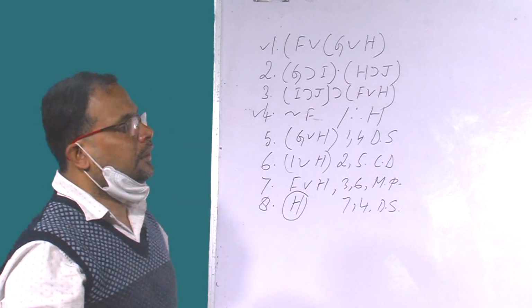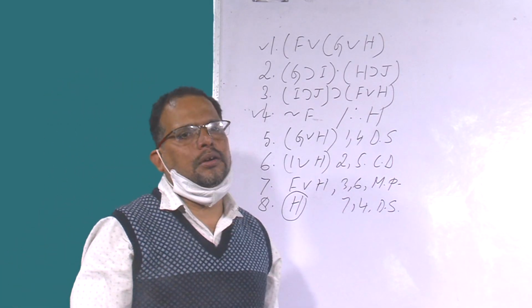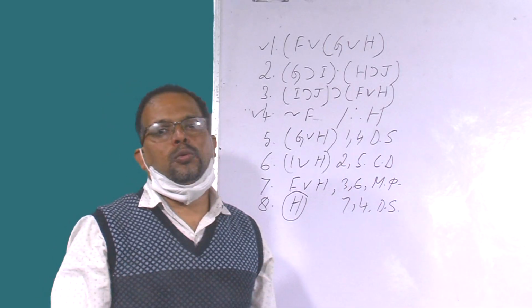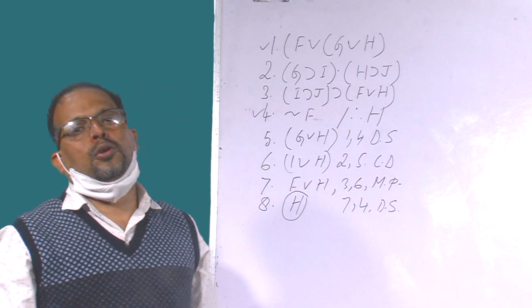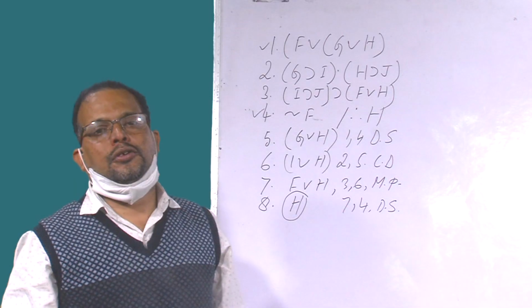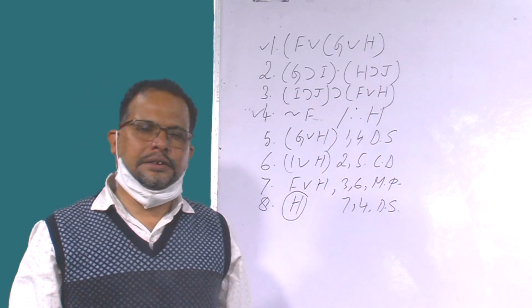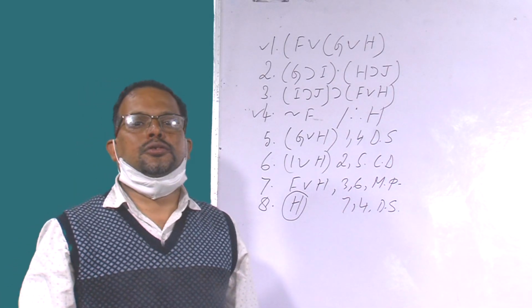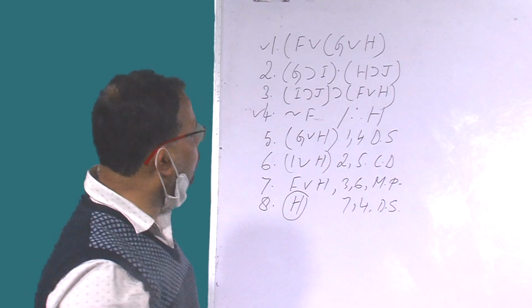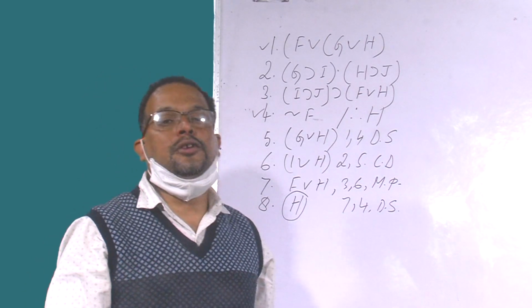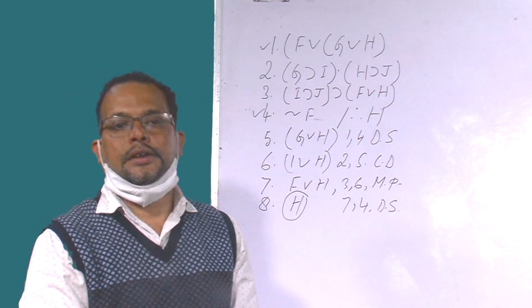In case of complicated arguments, we basically use rules of inference in order to establish the validity of the arguments. So dear learners, you have to know these 10 rules of inference.